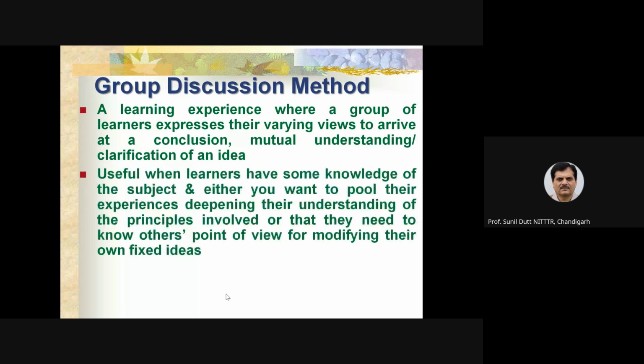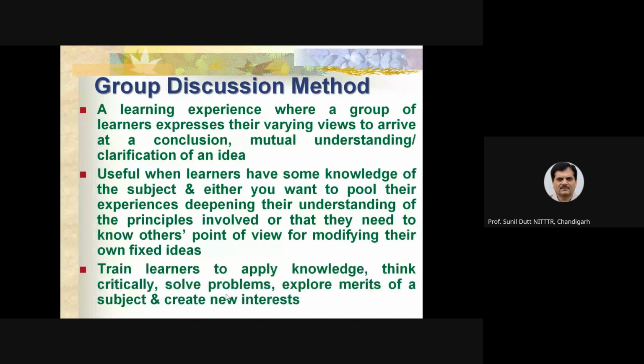So this is useful when learners have some prior knowledge on the subject, or you want to pool their experiences depending upon their understanding of the principles involved, or that they need to know others' points of view for modifying their own fixed ideas.